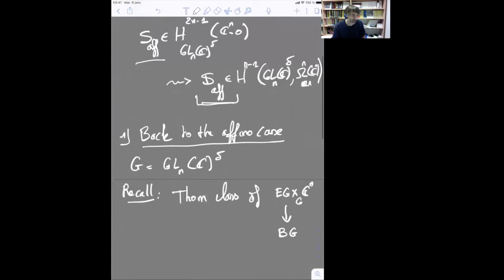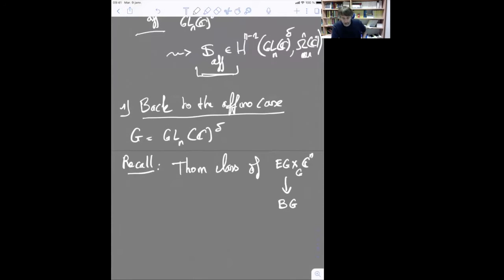And then I said a bit quickly yesterday that, I mean, that's true, but it deserves maybe more explanation, that this bundle is a flat bundle, and therefore the corresponding Euler class, which is equal to the Chern class of this complex vector bundle, vanishes because the bundle is flat.